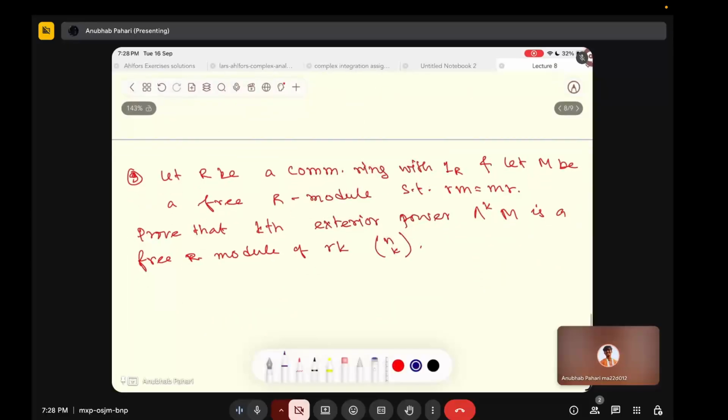So the proof is quite rigorous. So let us start doing this.